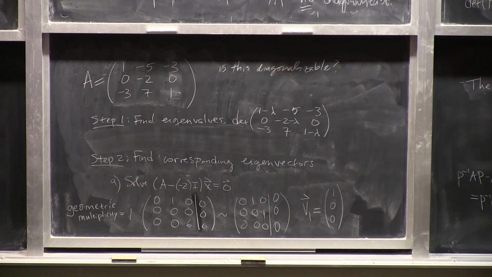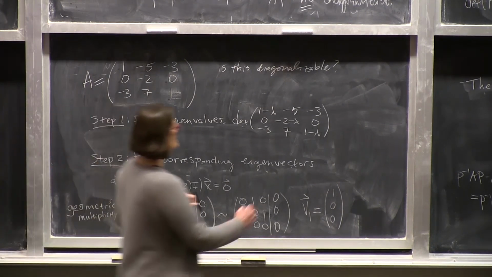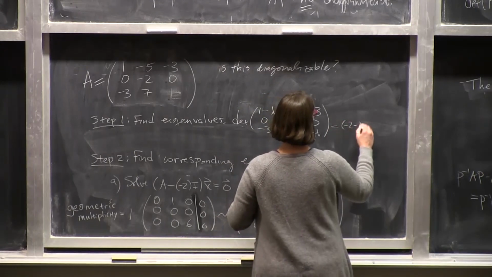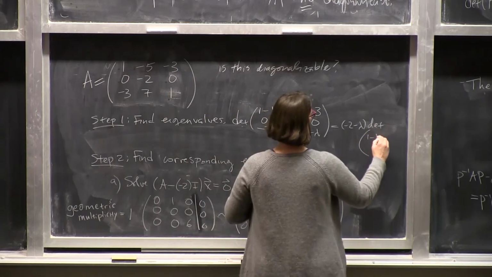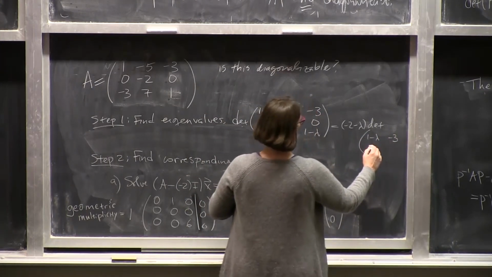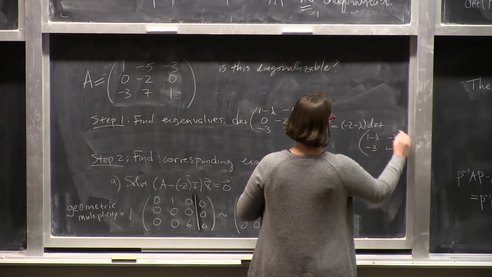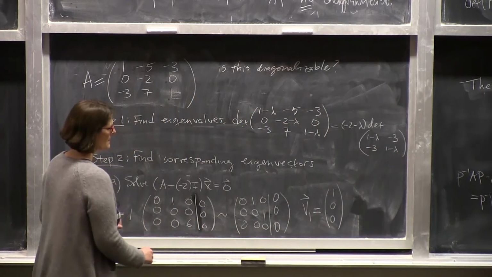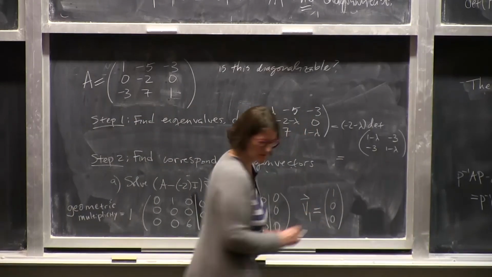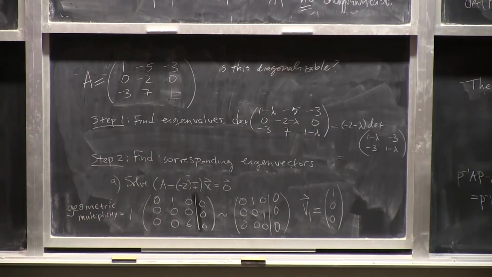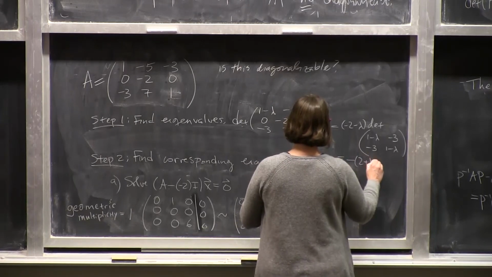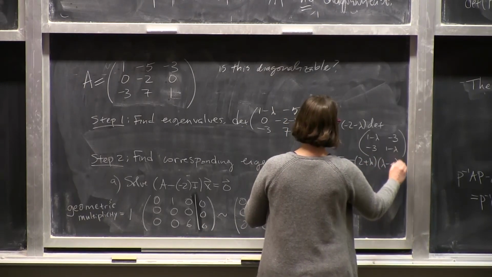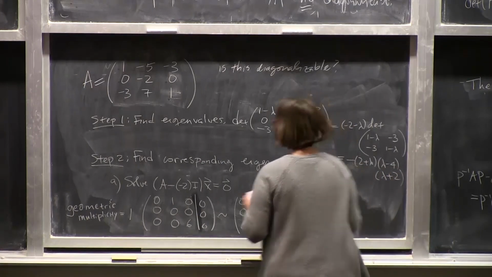You'd expand about what? The second row. So this is going to be minus 2 minus lambda times the determinant of the matrix 1 minus lambda, minus 3; minus 3, 1 minus lambda. And when you expand that out, you get minus 2 plus lambda, lambda minus 4, lambda plus 2.